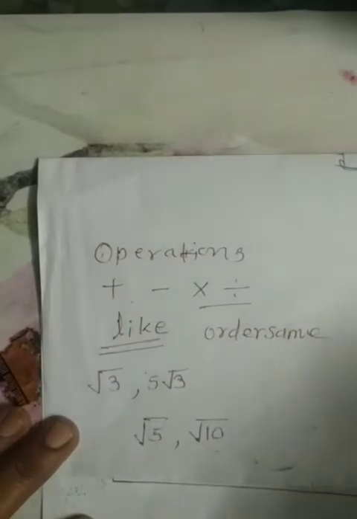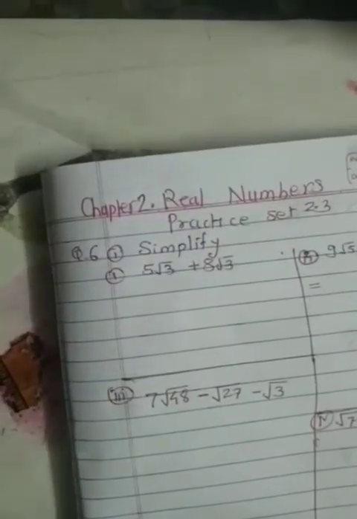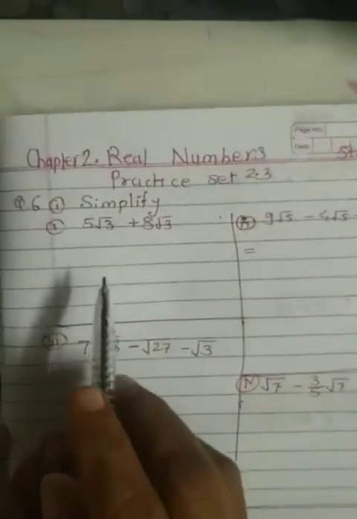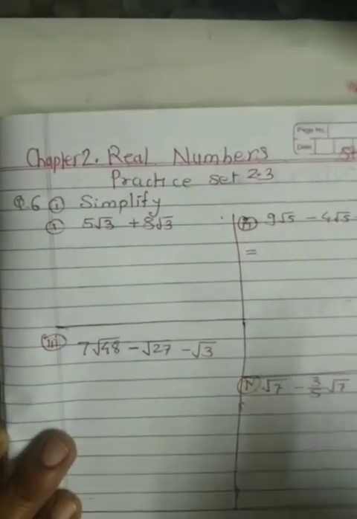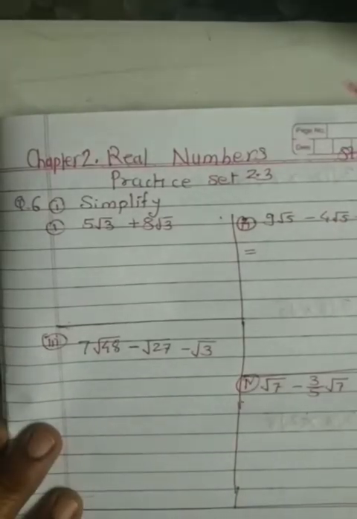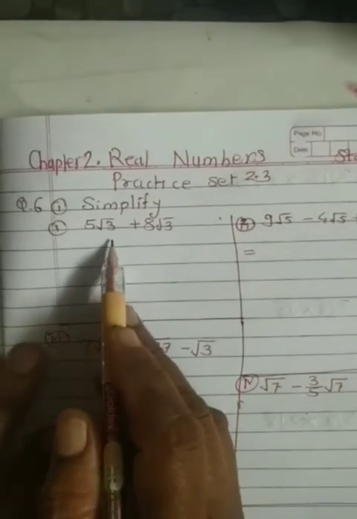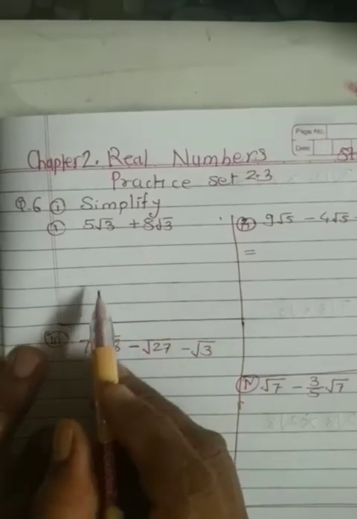See question number 6 first. The first example, simplify: 5 root 3 plus 8 root 3. 5 root 3 means 5 into root 3, and 8 root 3 means 8 into root 3.